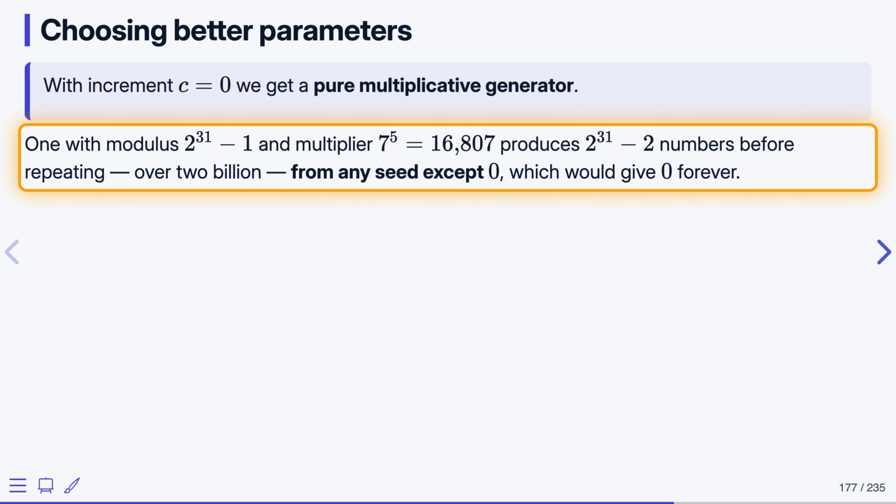A well-known one uses the modulus 2 to the 31 minus 1 and the multiplier 7 to the 5th, which is 16,807. That combination runs for 2 to the 31 minus 2 numbers before repeating. That is over 2 billion values. One catch: the seed must not be 0. With a 0 seed, the rule just multiplies 0 by the multiplier, so it returns 0 forever.